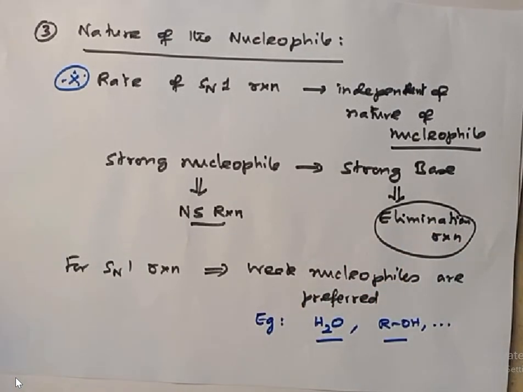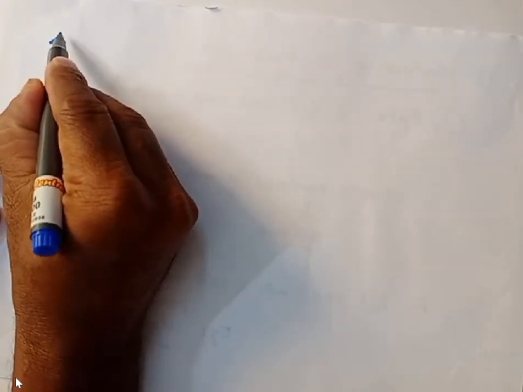Then the next one, point number 4. We have discussed the nature of the substrate, the nature of the leaving group, and the nature of the nucleophile. The fourth one is the nature of the solvent.